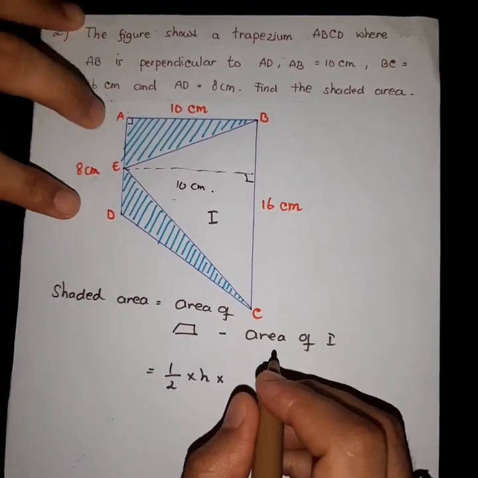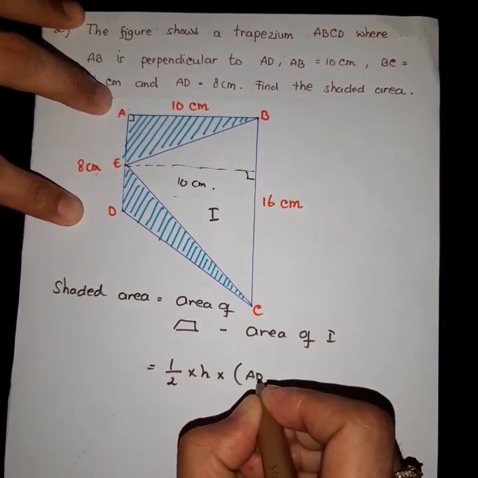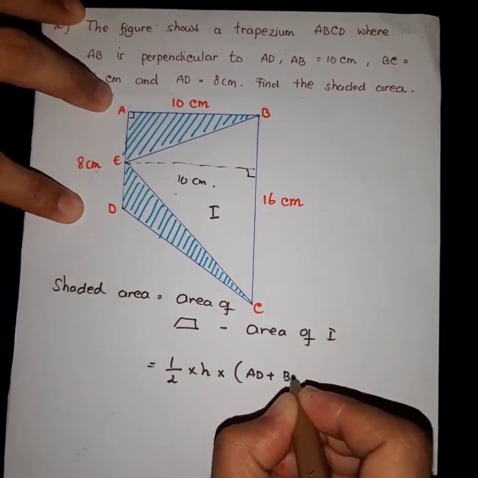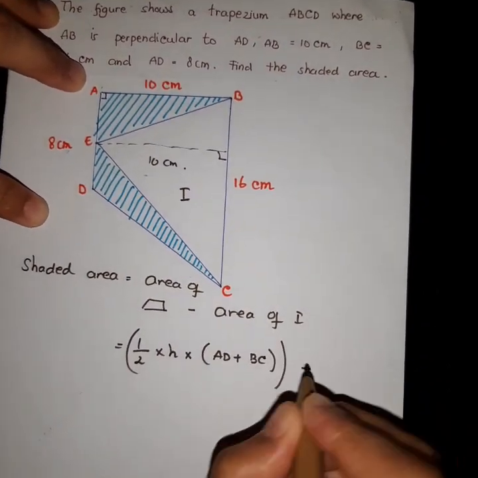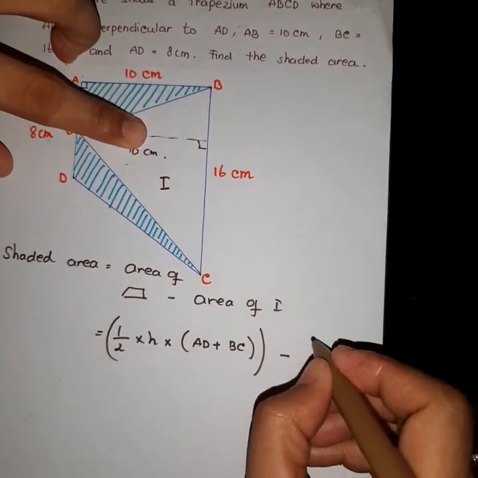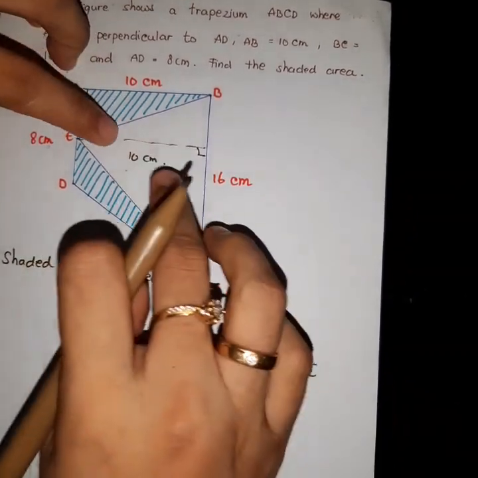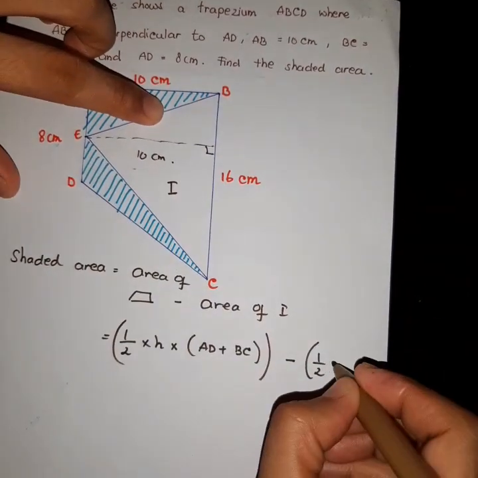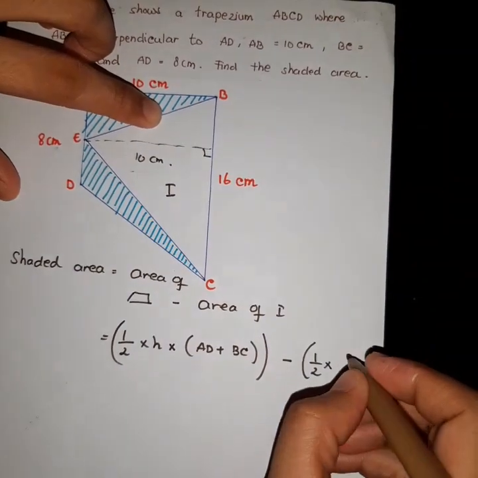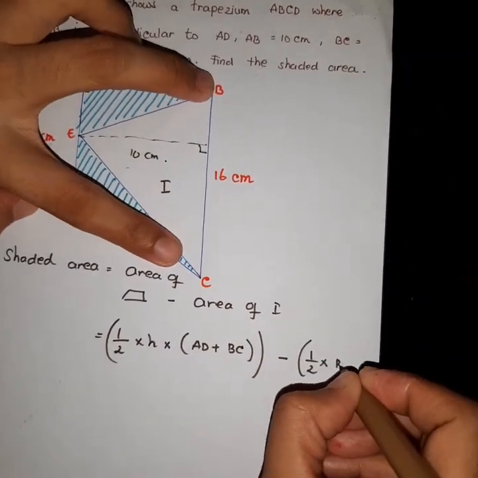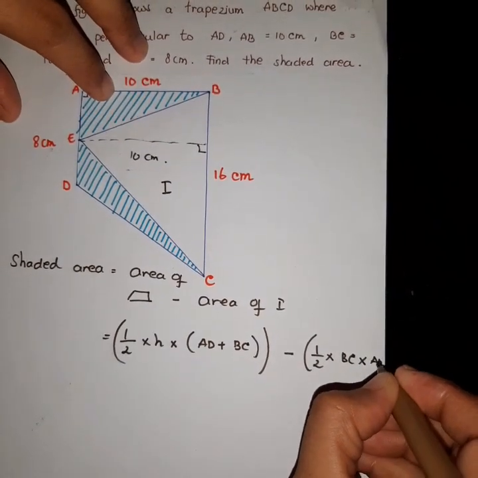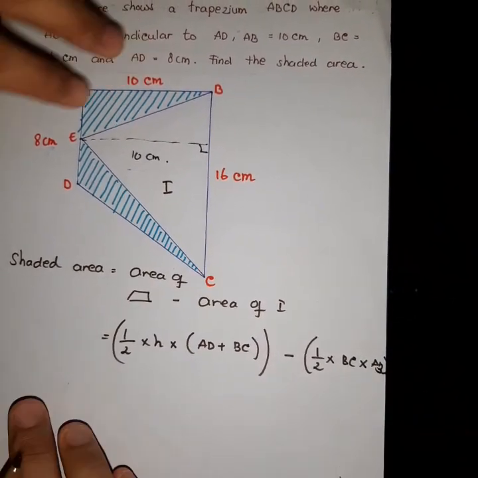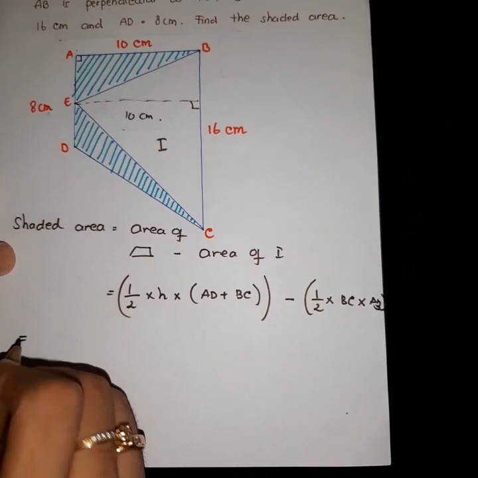So I will just write down AD plus BC in a big bracket, and then minus area of 1. Area of 1, since it is in the shape of a triangle, will be half times base, which is 16, or I will just say BC first, times the height, which will be AB. Okay, we'll write it over here.